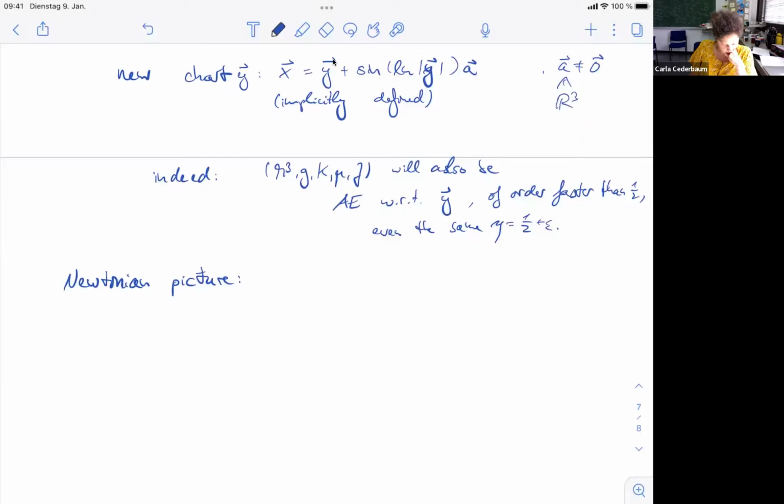And now I can do something very similar for the center of mass. So the center of mass in Newtonian gravity, the total center of mass will be defined as 1 over the total mass times the volume integral over the matter density weighted with the position. That's what all of you would write down after, possibly after some thinking, for a definition of total center of mass for a system in Newtonian gravity.